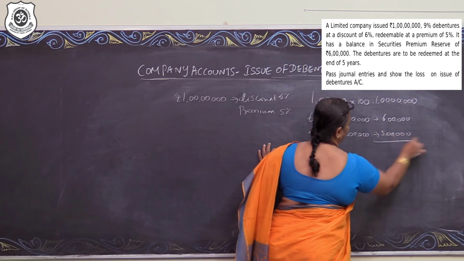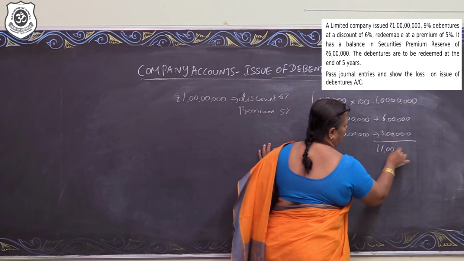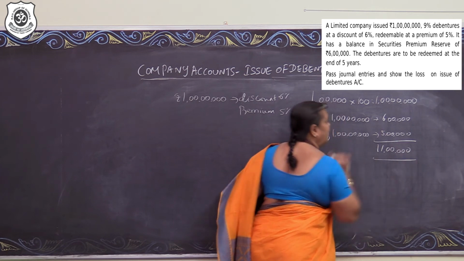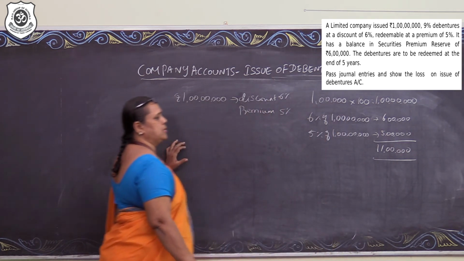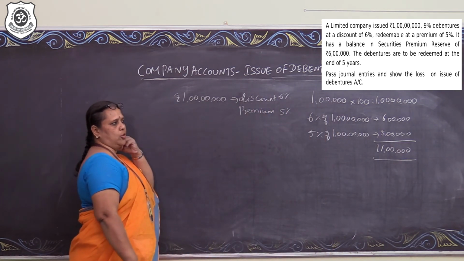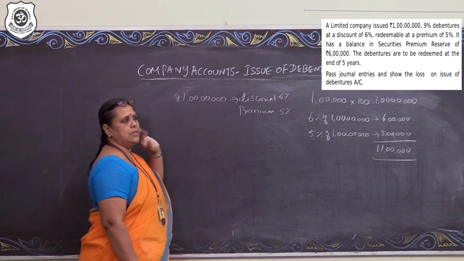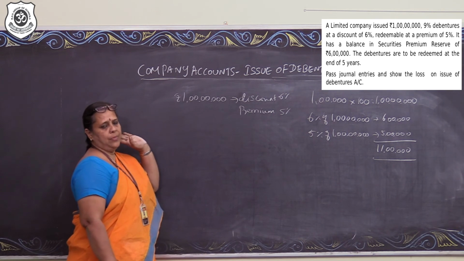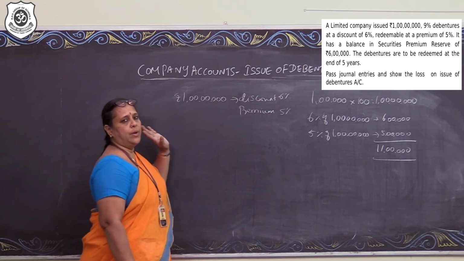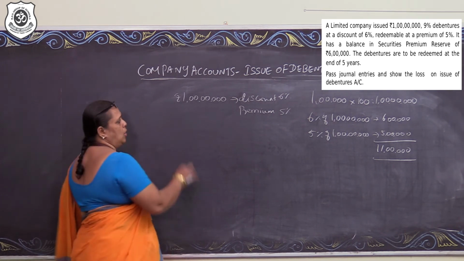So, the company has to totally write off 11 lakh rupees, and the company has at present 6 lakh rupees in the securities premium reserve. So the balance will be taken from statement of profit and loss.